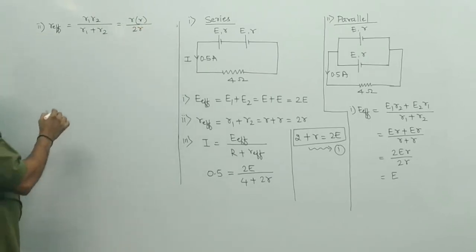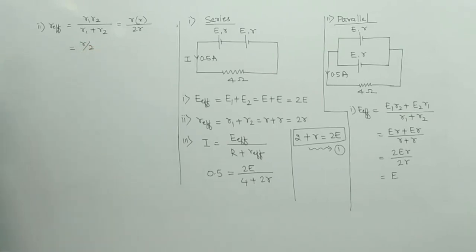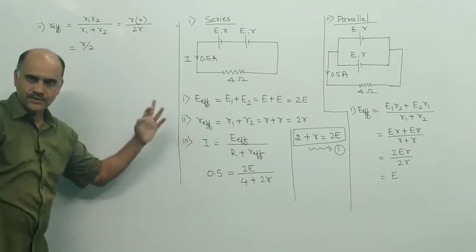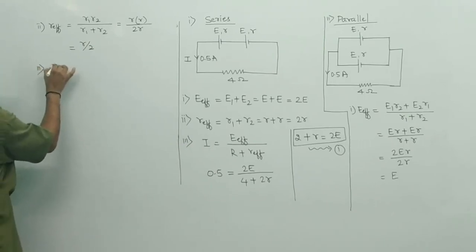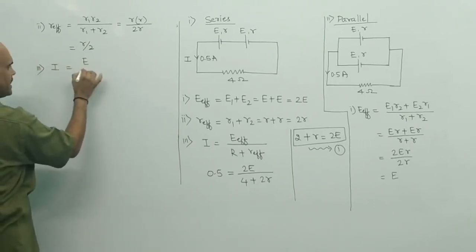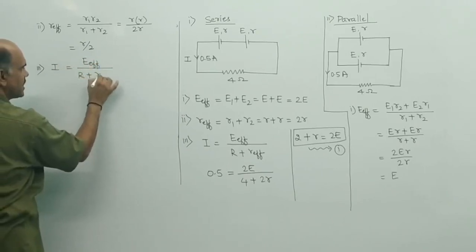The r gets cancelled, so r effective is r by 2. Then again, similar to the third step, the main current in parallel, I is equal to E effective divided by R plus r effective.